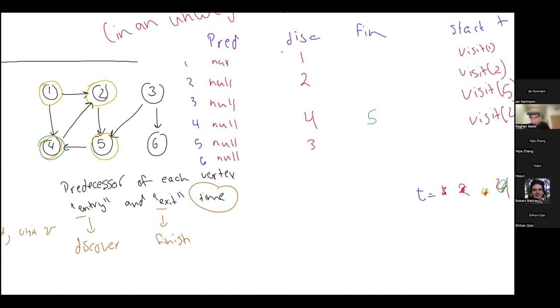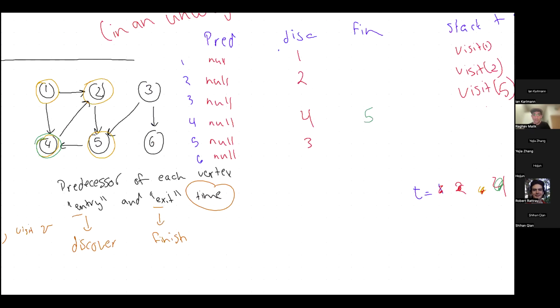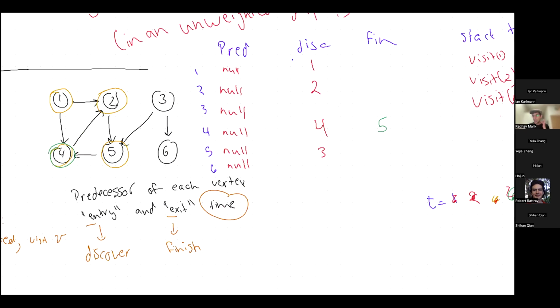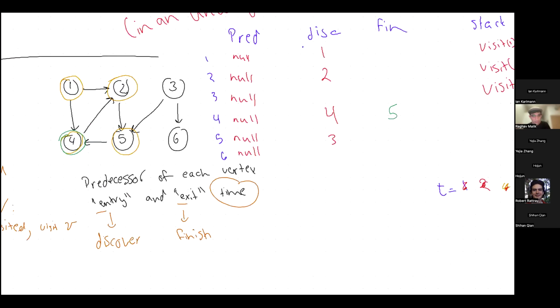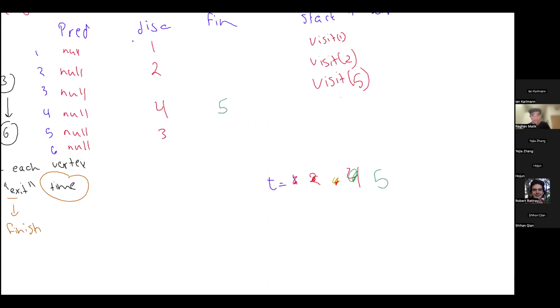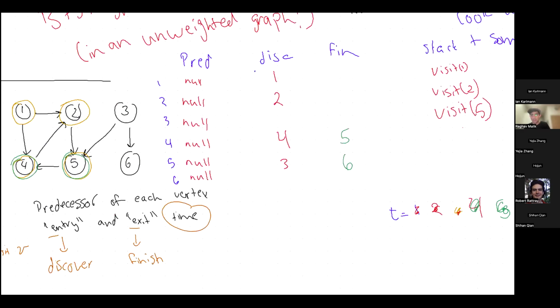Then I can pop it off the stack. I visit 5 and see that it has no more outgoing edges, so I'm done with it, which means I again mark it as finished. I put a green circle, increment the time, set the finish time to 6, and then pop it off the stack.